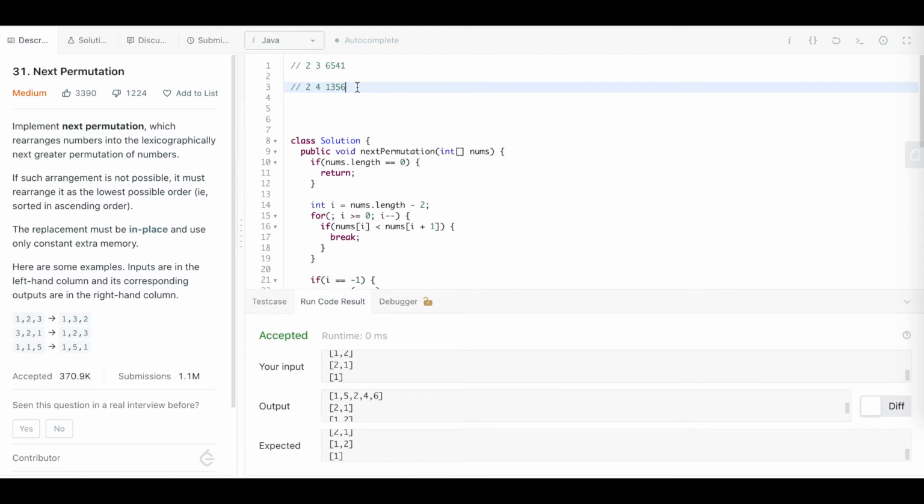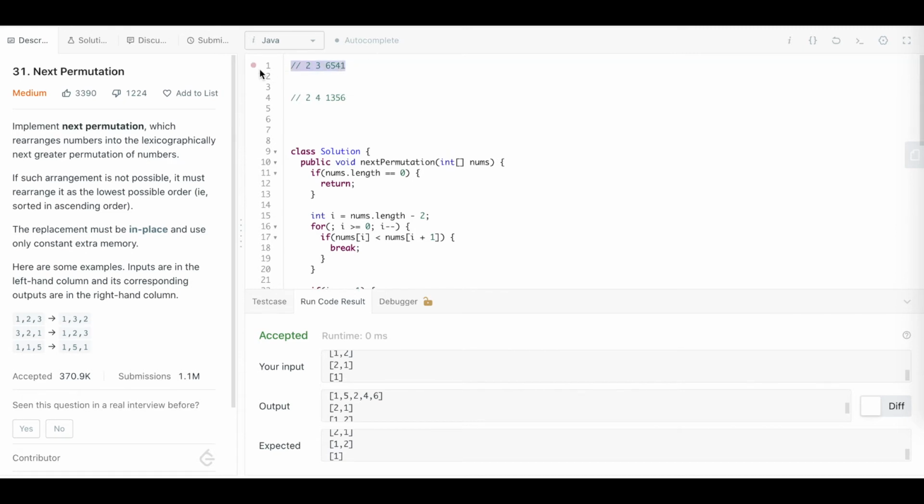We need to switch it with one digit on its right side. In this result, we switch it with 4. Why do we switch 3 and 4? Because 4 is the smallest number which is larger than 3.